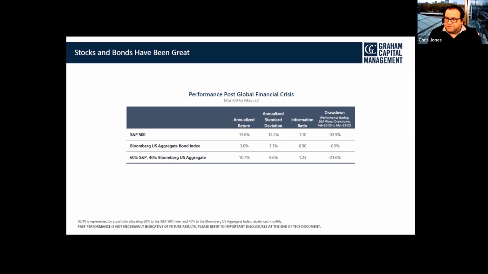Great returns for equities, great returns for bonds, but more importantly, great returns for a 60-40 portfolio of equities and bonds. And we cursed things since then, because since then everything's gone down, right? 60-40 has gone down by 6.5%, or perhaps a little bit more. And so clearly all's not well in balanced portfolio land.